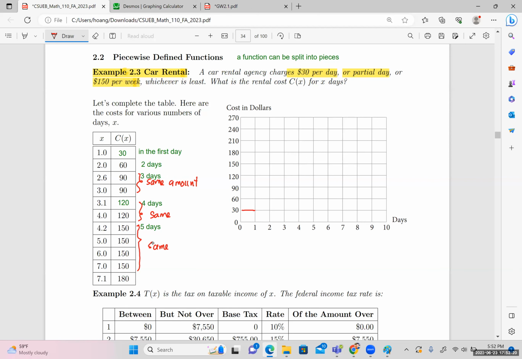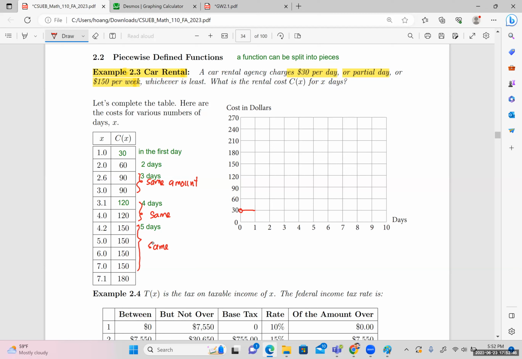If I don't rent at all, I don't pay. But right away, if I rent in the first minute, I still have to pay $30, up to 11:59 p.m. on the first day. If I return, I pay $30.